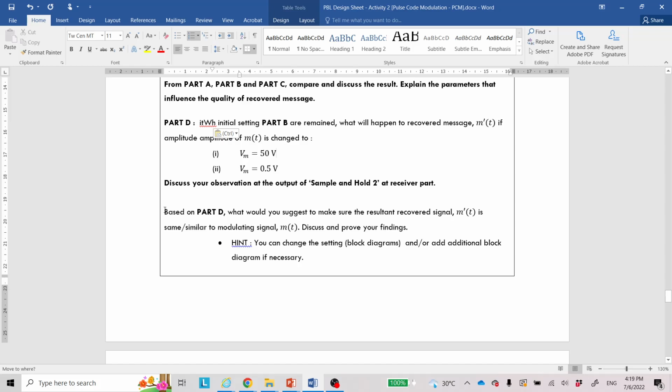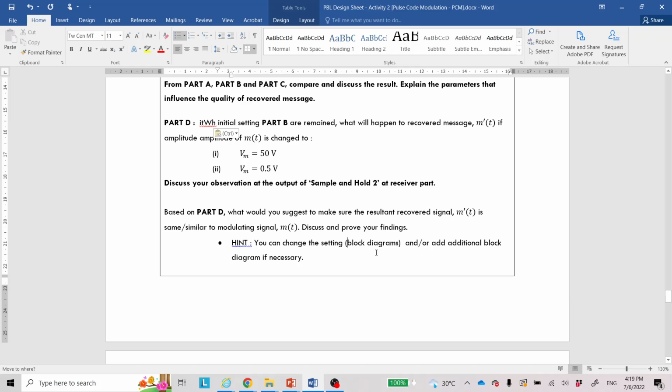So after part D, you need to make some changes. You can suggest some changes in order to get a similar signal as MT at the output of the receiver.